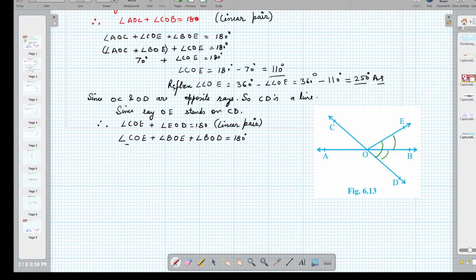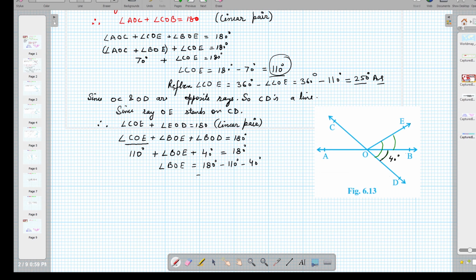Now this angle we recently found. This is 110, so we can write 110 plus angle BOE, that we don't know, we have to find it out, plus BOD, that is given to us, 40 degrees, equal to 180 degrees. Now angle BOE equals 180 degrees minus 110 degrees minus 40 degrees.